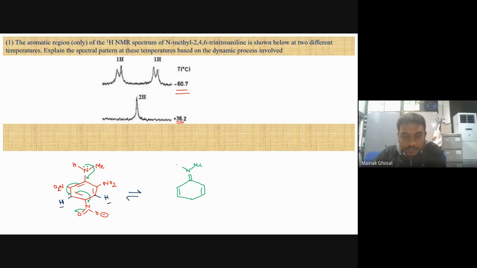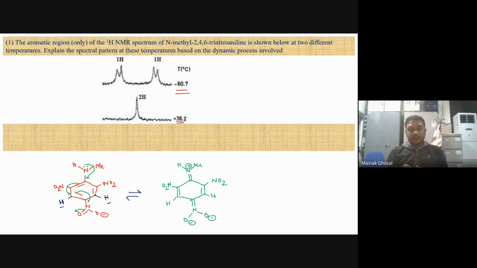This is Me, this is H, and there will be a plus charge. There is another NO2. So if the nitrogen lone pair gets involved in the conjugation, then there will be this kind of structure.